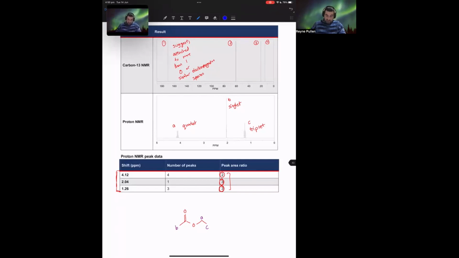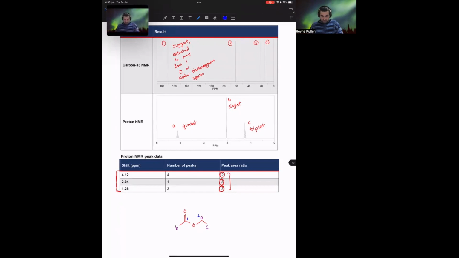So the carbon that is going to be most downshifted must be this carbon in the middle of the ester. The carbon that is next most downshifted, so peak number 2, must be that carbon next to the oxygen. And then it's really hard to pick out of the 2 of these.